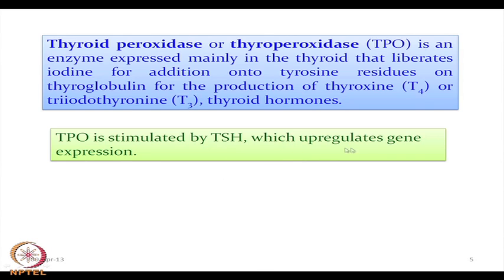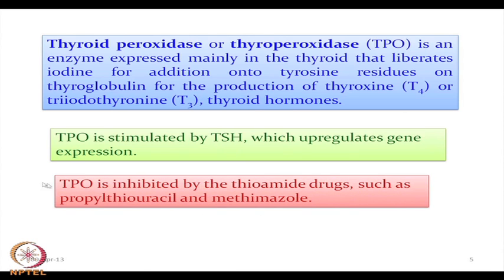And this upregulates the corresponding gene expression. So, TPO has some interrelationship with thyroid stimulating hormone TSH for its production and for the corresponding gene expression, such that we can produce the required amount of TPO as well as TSH molecules.